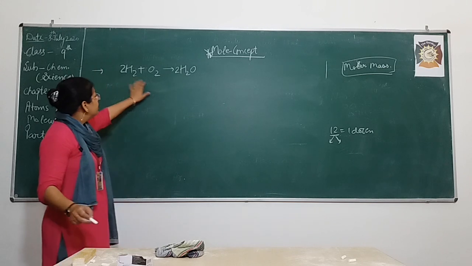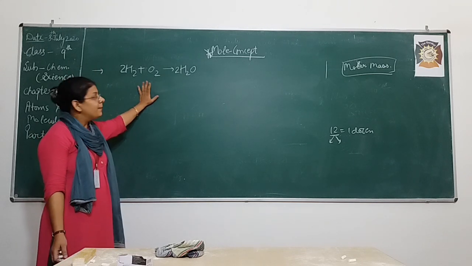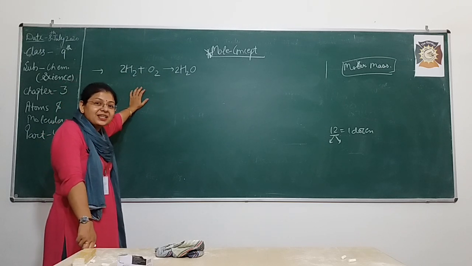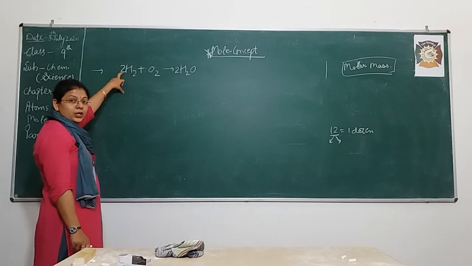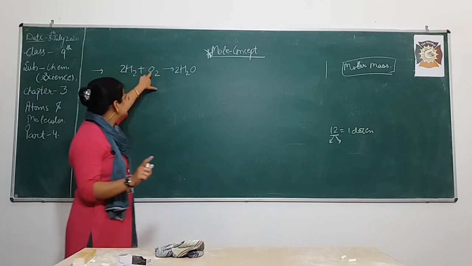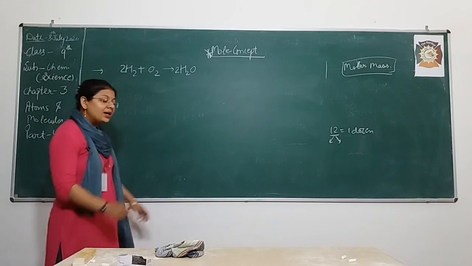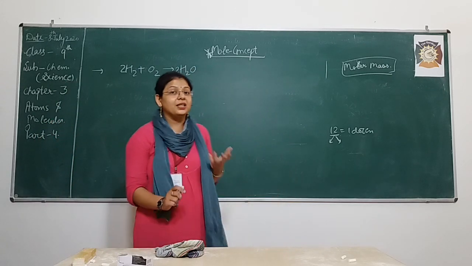Can you tell the masses just by seeing the reaction? No, we can't. But can you tell the numbers of different elements or molecules present here? Yes, we can tell that 2 molecules of H2 combine with 1 molecule of oxygen, leading to the formation of 2 molecules of H2O. That means we are able to predict the number, irrespective of predicting the mass.